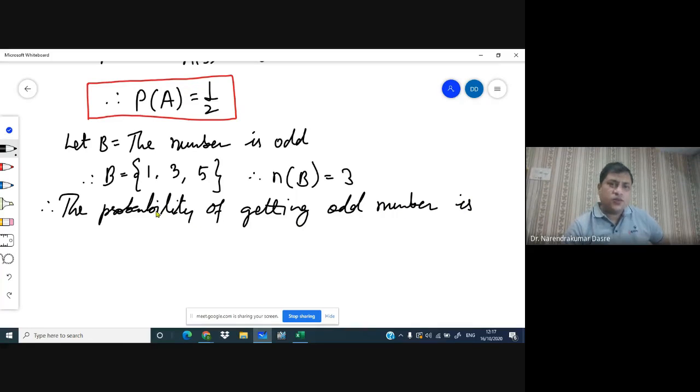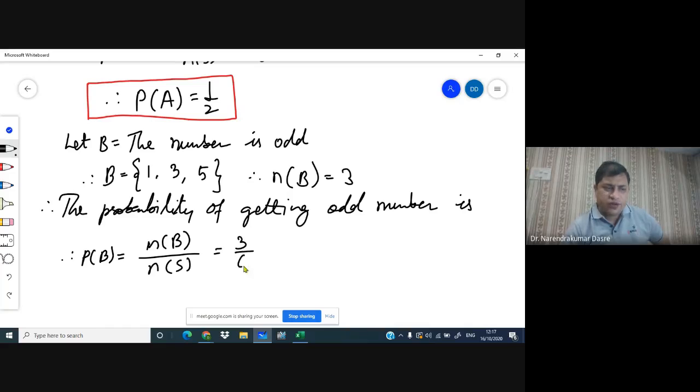The probability of B is equal to number of points in B upon number of points in S, because S is our sample space.